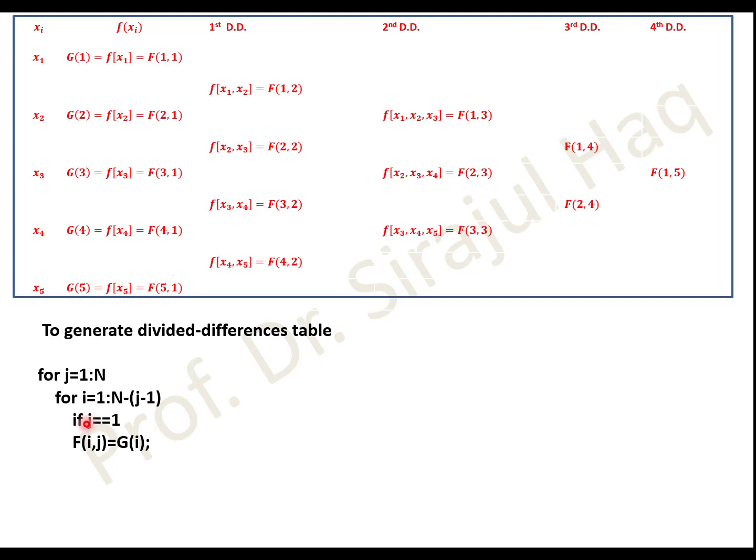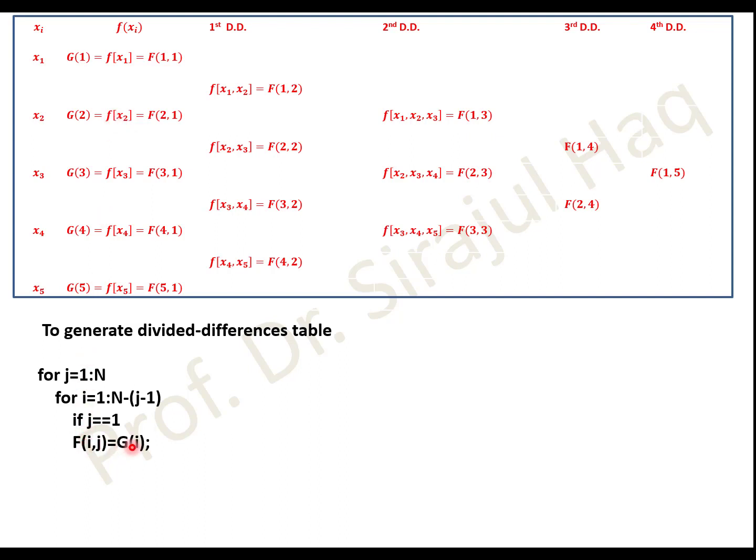If you use a single equality, it will not work, so be careful about this one. I am saying when j is equal to 1, generate this column for me. So f of 1, 1 is g of 1. g of 1 is f of x1. f of 2, 1 is equal to g of 2. g of 2 is equal to f of x2.